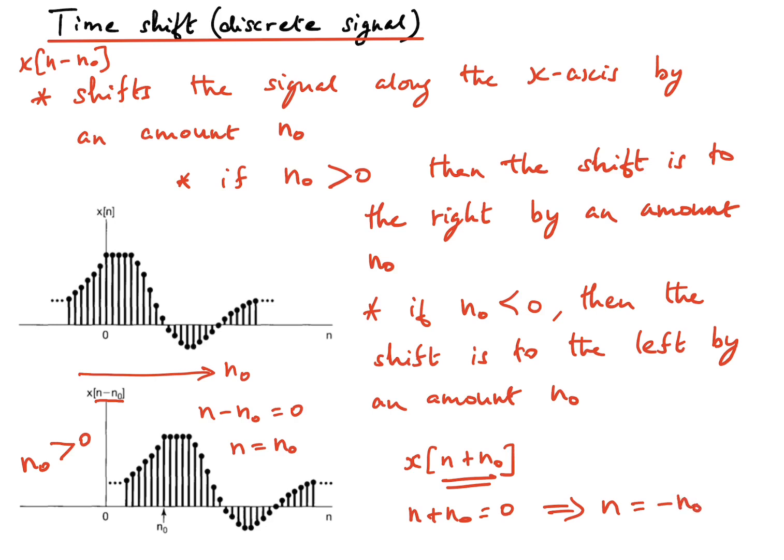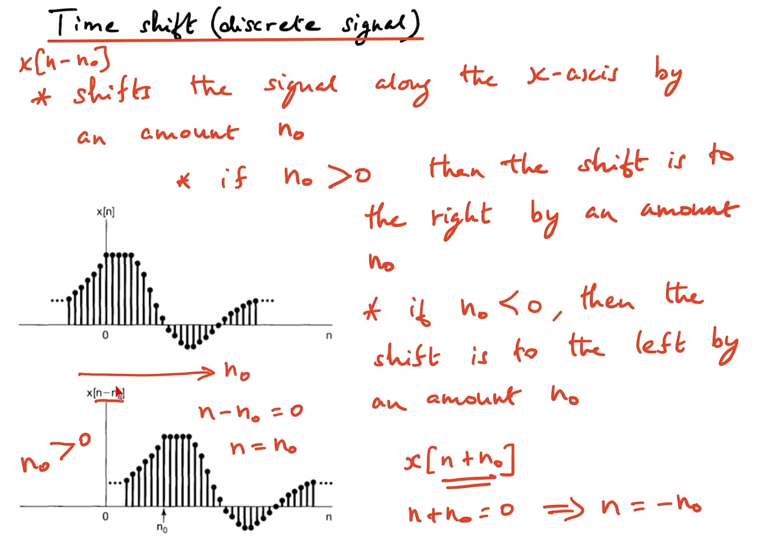So whatever is at the origin will go to minus n naught. So if it is n plus n naught, the origin will go to minus n naught, so that means the waveform will be shifted to the left. So that's how you would remember which version is the right shift and which version is the left shift.